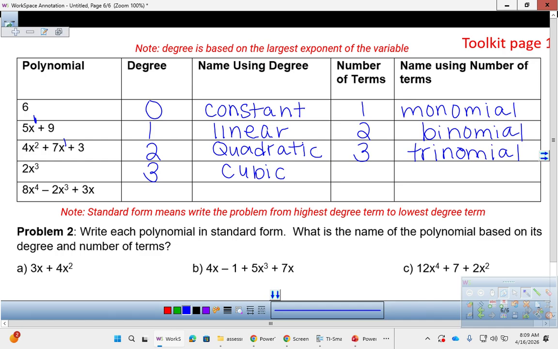Now, how many terms are in this statement? 1. So I'm going to go back to my 1 and say that this is called a monomial again. So if I'm graphing the line 2x to the 3rd power, I'm graphing a cubic monomial. Those 2 words come together.